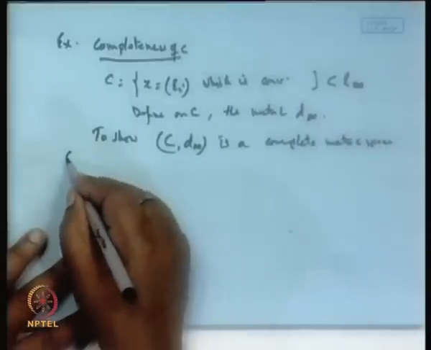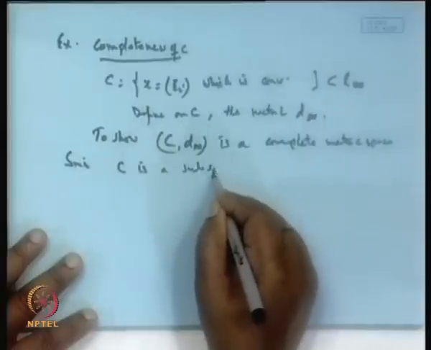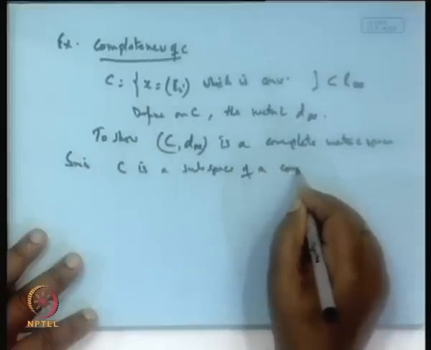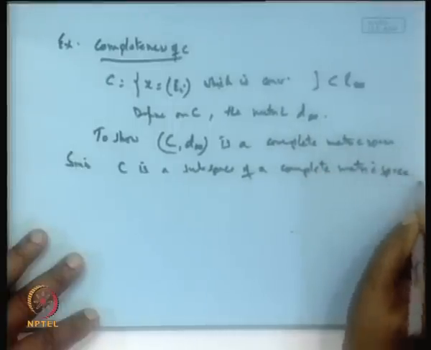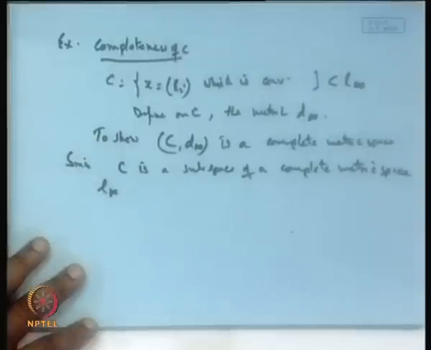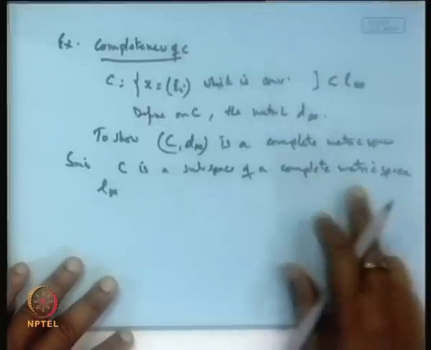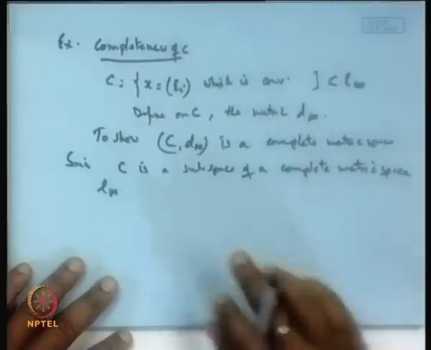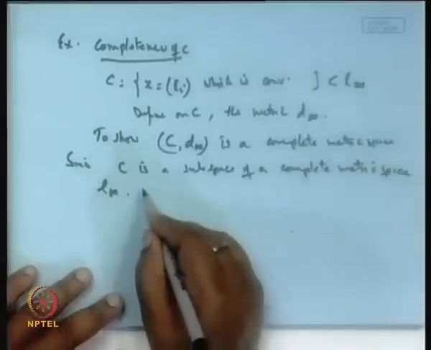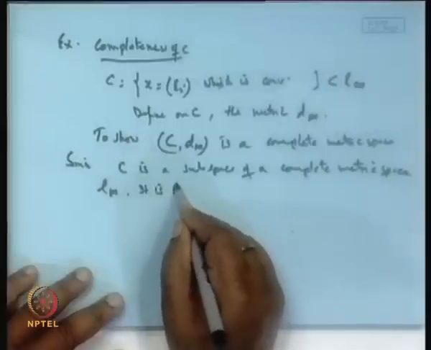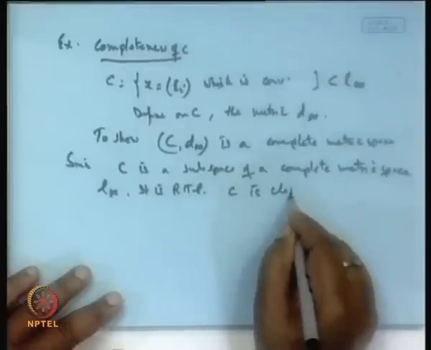So, since c is a subspace of a complete metric space, there is a lemma which we have proved that any subspace of a complete metric space is complete if and only if it is closed. So it is required to prove only that c is closed.